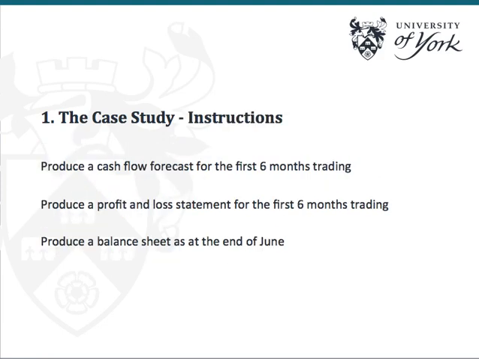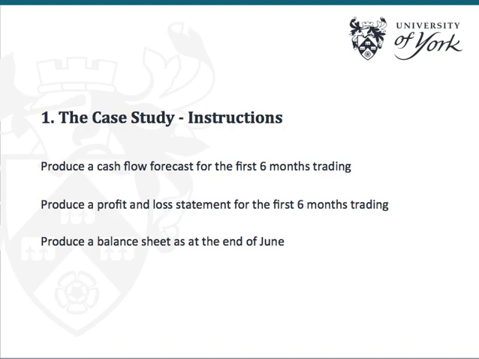We've got 3 documents to produce. We've got the cash flow forecast for the first 6 months trading. We've got to produce a profit and loss statement for the first 6 months trading, and then a balance sheet as at the end of June. So, produce a cash flow forecast on a monthly basis over those 6 months.